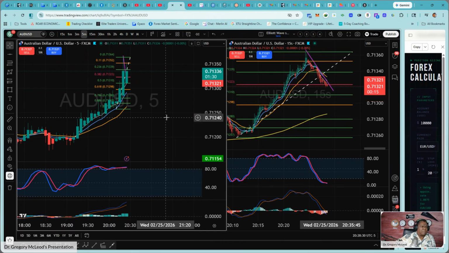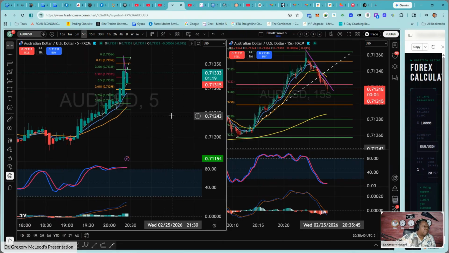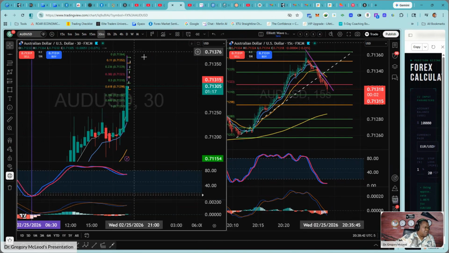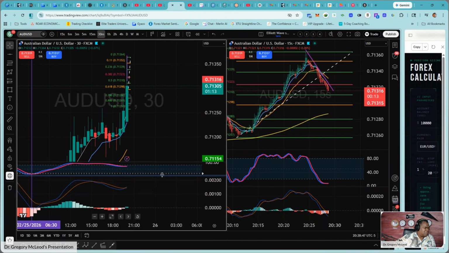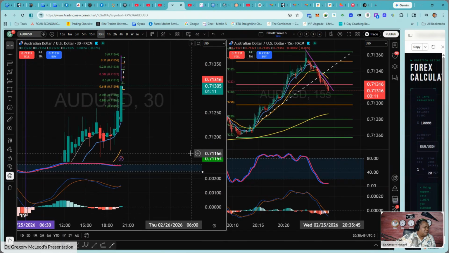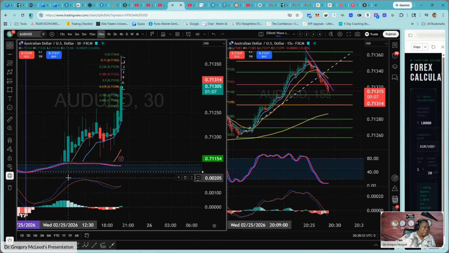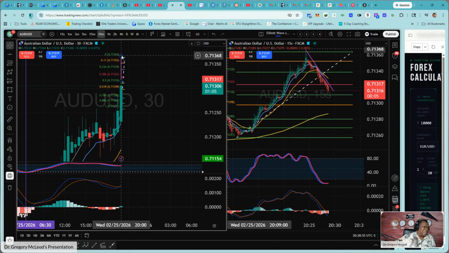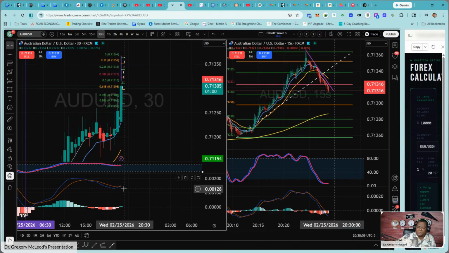Okay. Our 30-minute. It's a little divergence, a really big high in price, lower high in momentum.